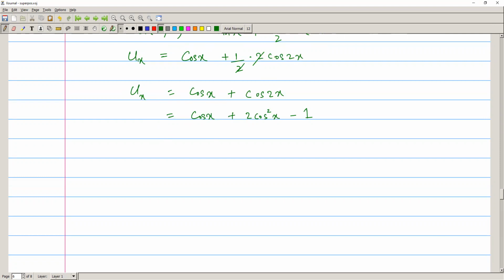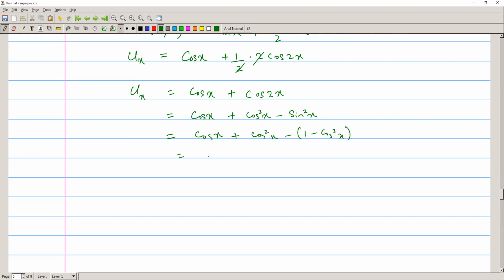Or we can simplify it using this identity: cos² x minus sin² x. So it will be the same. I think we'll get the same result that I wrote before, because sin² x is 1 minus cos² x.